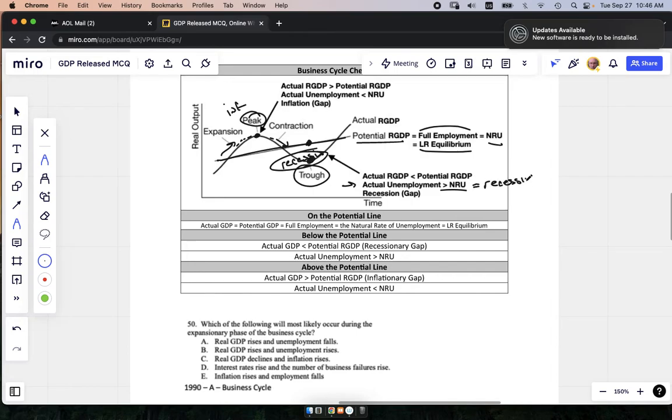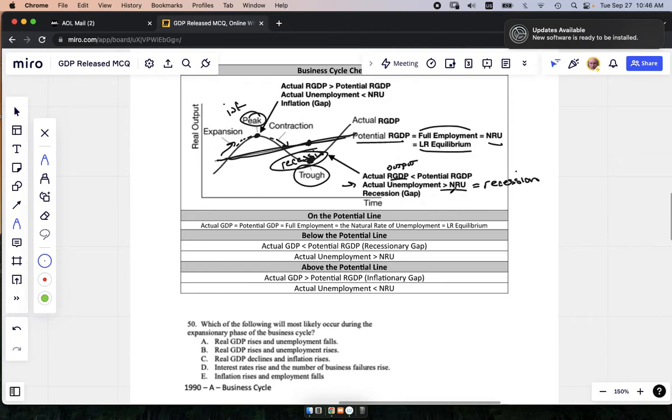If your actual unemployment is greater than your natural rate, we have to know that as a recession. The College Board loves to play games with these kinds of things. If you're producing in that recessionary, reduced output, you could say your actual output, or real GDP, we can use those interchangeably, actual output or real GDP is less than potential. If the line is potential and my country is producing below that line, the actual output is less than potential.